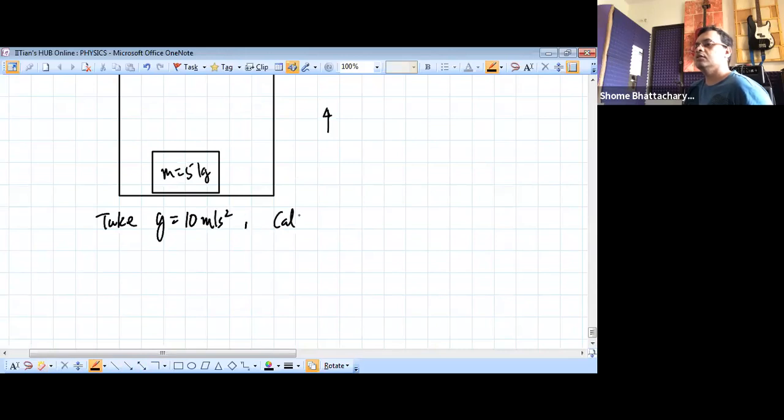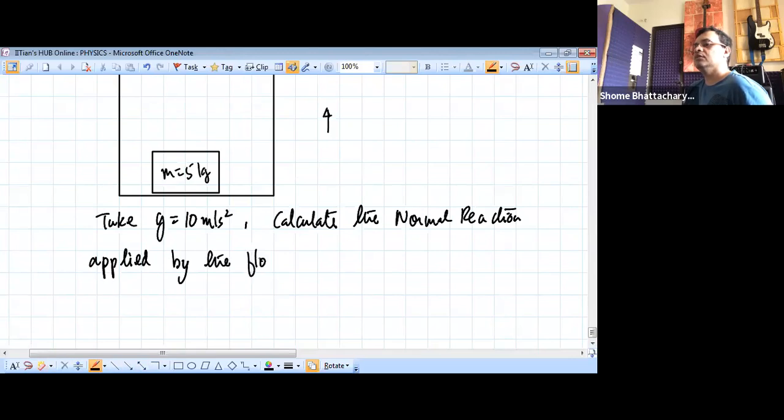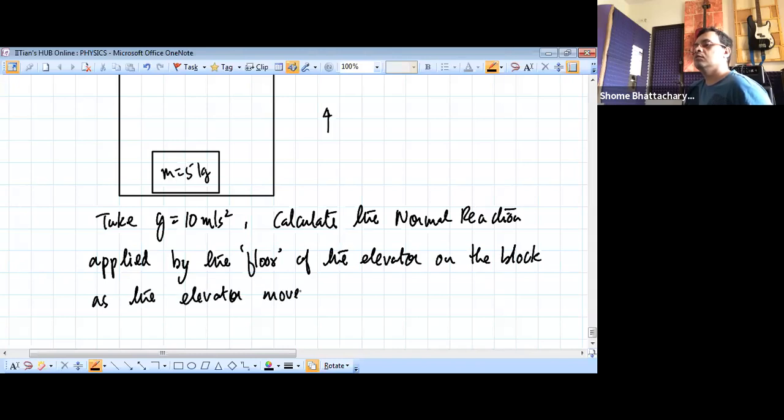Calculate the normal reaction applied by the floor of the elevator on the block as the elevator moves vertically upward with, in case 1, uniform velocity.